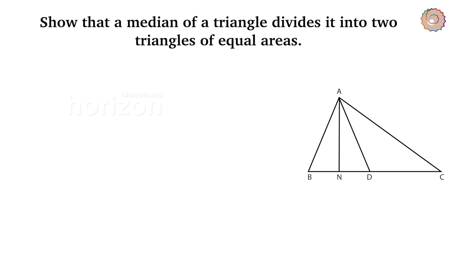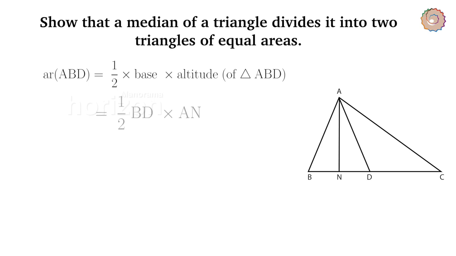Since the formula for area involves altitude, let us draw AN perpendicular to BC. Now, area of ABD is equal to half multiplied by base and the corresponding altitude of the triangle ABD. Therefore, we get half into BD into AN.